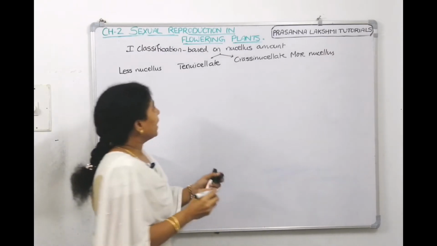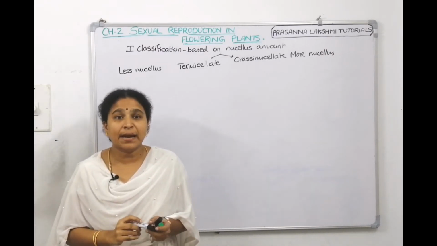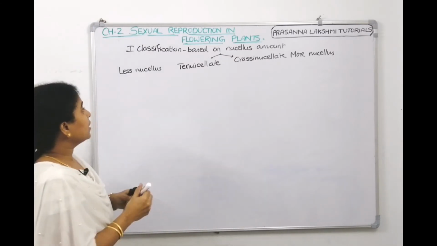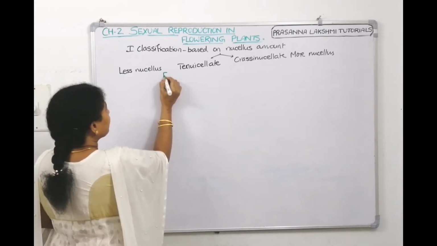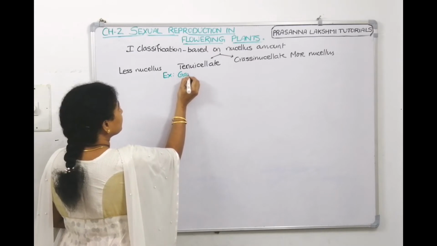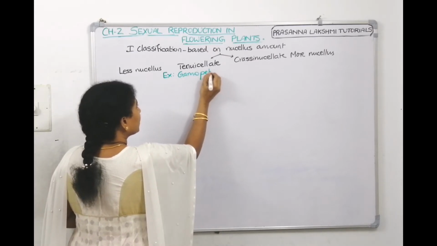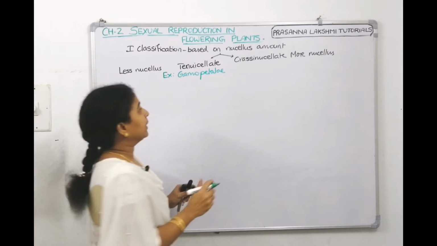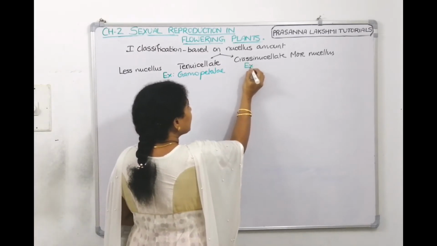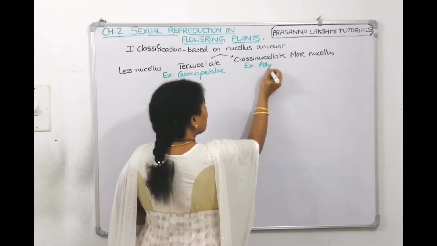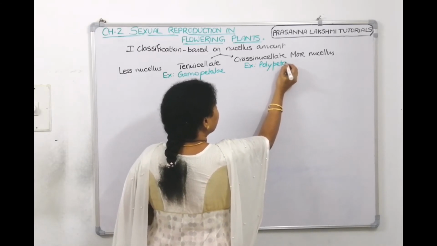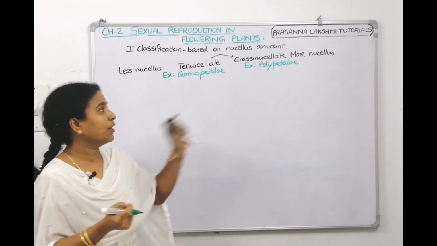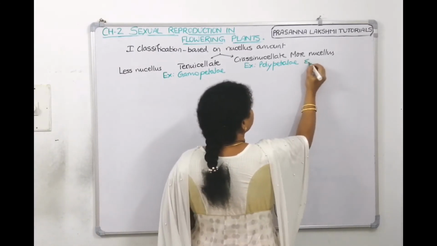Examples for tenuinucellate are gamopetalous members, where the petals are fused. For crassinucellate, let us take polypetalous, where the petals are free, like hibiscus, and monocots also.